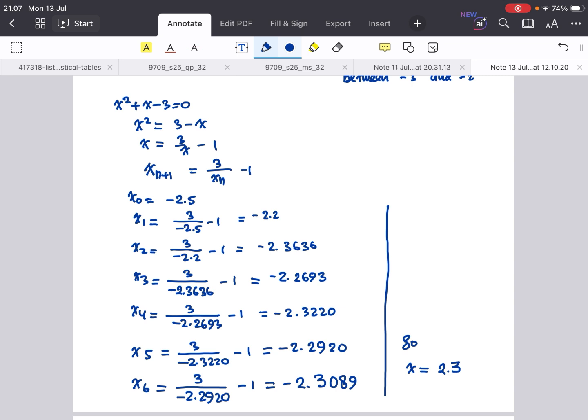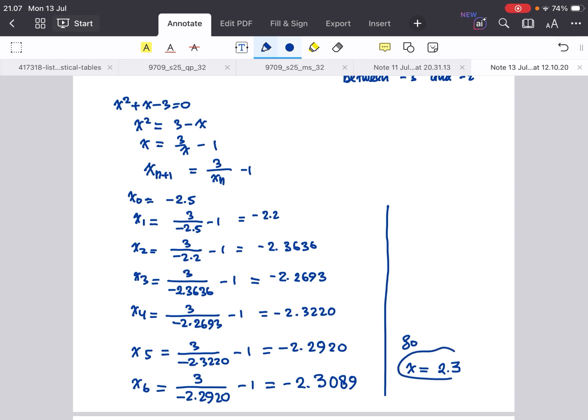Why? Because we can see here, if I round it off to one decimal place, this one is negative 2.3, this one is negative 2.3, and this one is negative 2.3 also. But if you need a more accurate solution, you need to do more iterations.